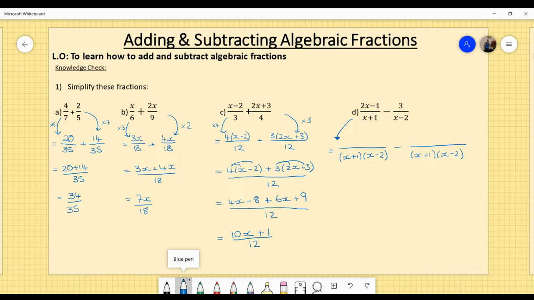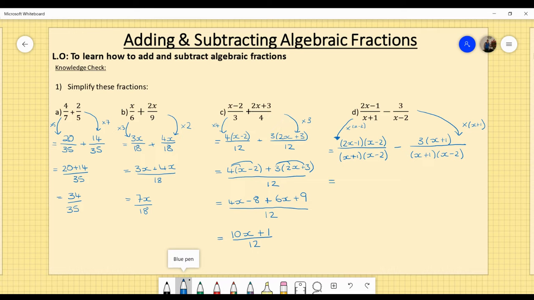And therefore, for the first fraction, I had x plus 1 as my denominator, and I've multiplied by x minus 2. So I need to do that to the numerator as well, and therefore I show that with brackets. So I've got 2x minus 1, again multiplied by x minus 2. And on my second one, I had x minus 2, I've multiplied by x plus 1, and therefore I end up with 3 bracket x plus 1.